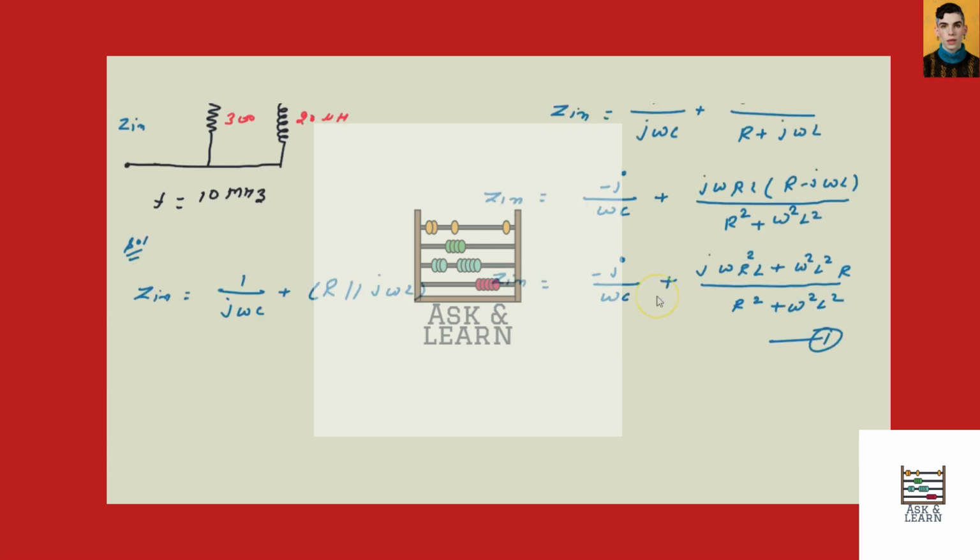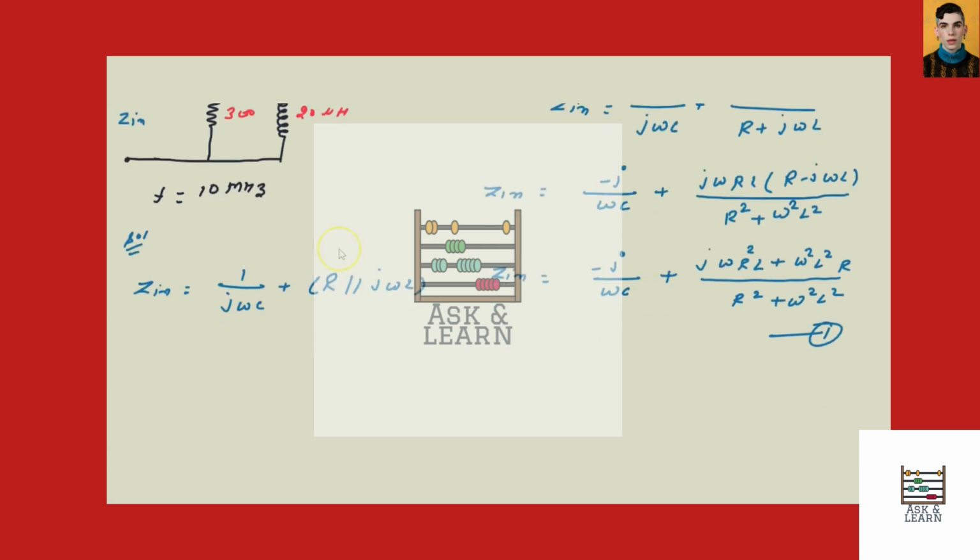Now here we apply the impedance concept. In this circuit the net impedance will be resistive whenever we connect our capacitor. In that condition, the imaginary component of Z input equals 0 when the circuit is resistive.